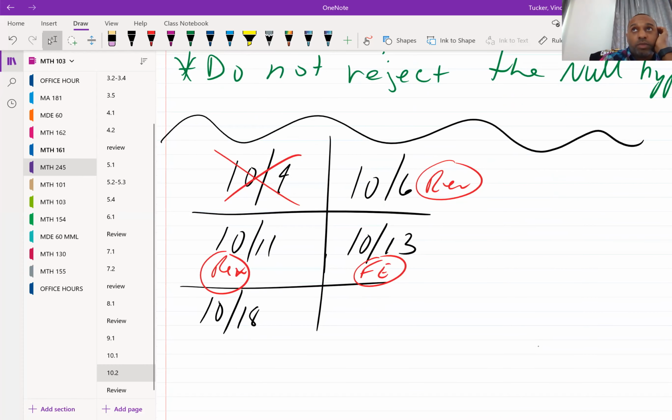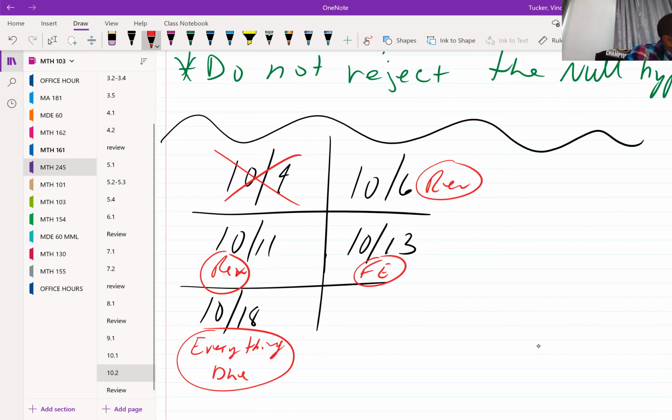And let's see, I think I can move it to 10-8. So everything is due 10-8. That should be Monday. Let me confirm.